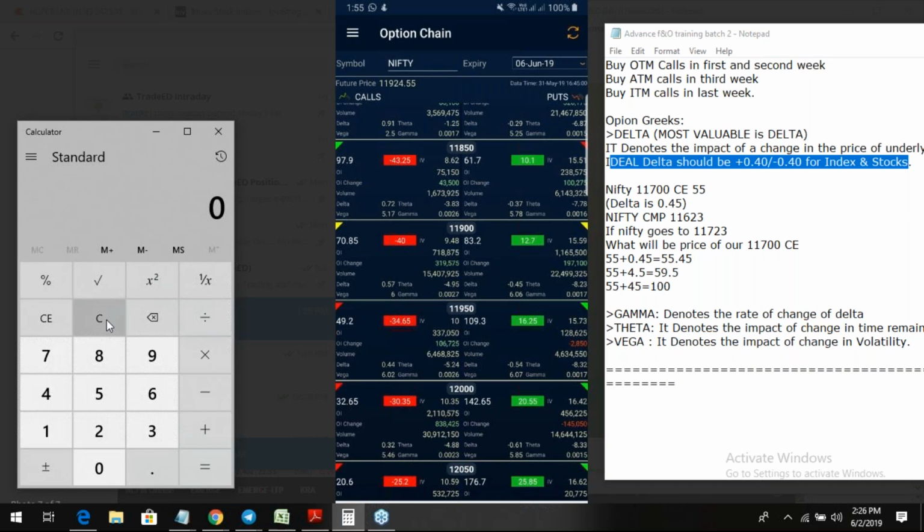If Nifty goes from 11,920 to 950, that means 30 points. 30 points into the gamma rate 0.0026. How much is this? 0.078, plus the current delta rate 0.44. So our delta will be 0.51. Everyone understood or not?